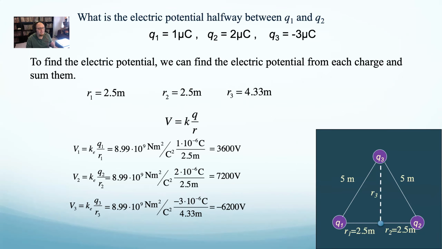But the total electric potential is just the sum. I just add them up and get the answer, ignoring all vectors. Nice and simple. These are so much easier to deal with than forces in an electric field. Any questions?